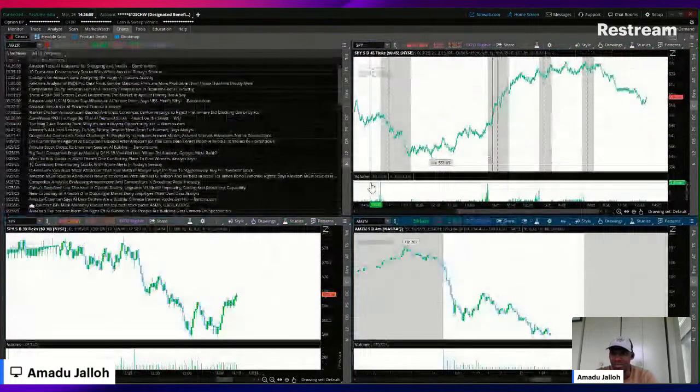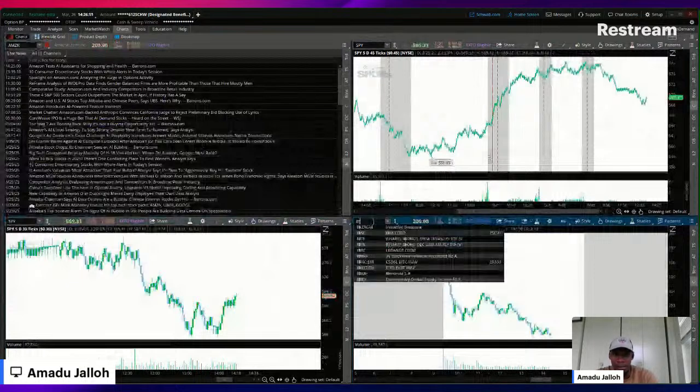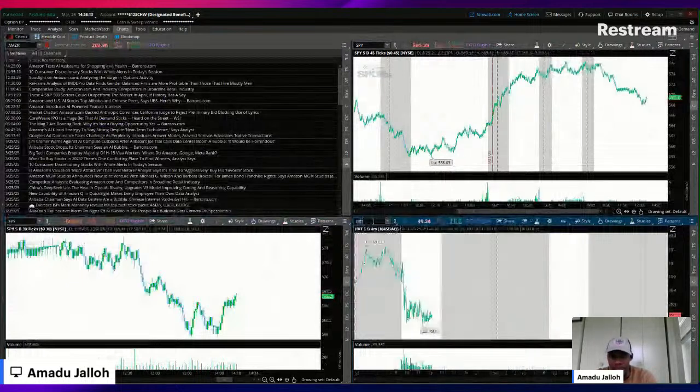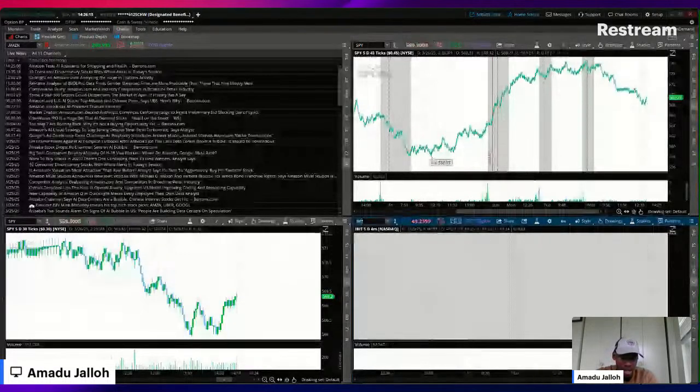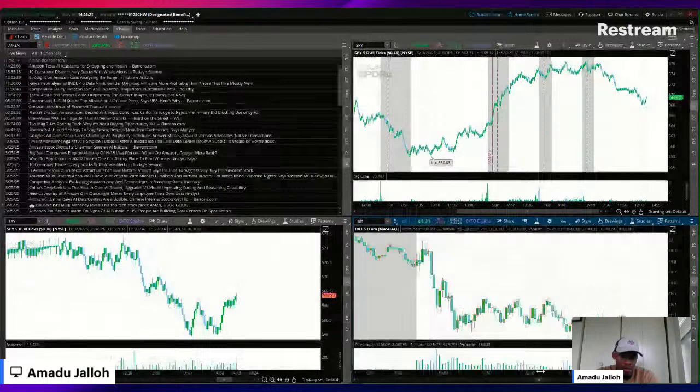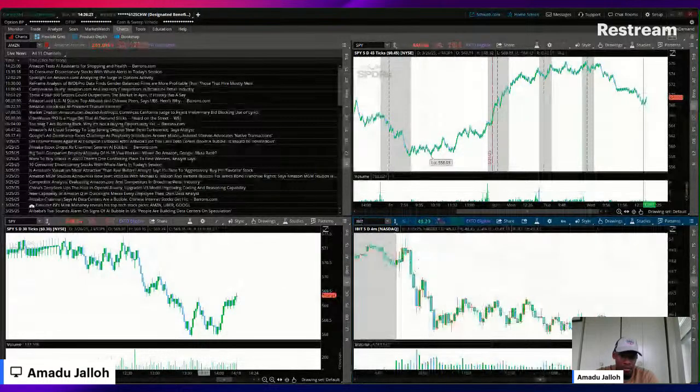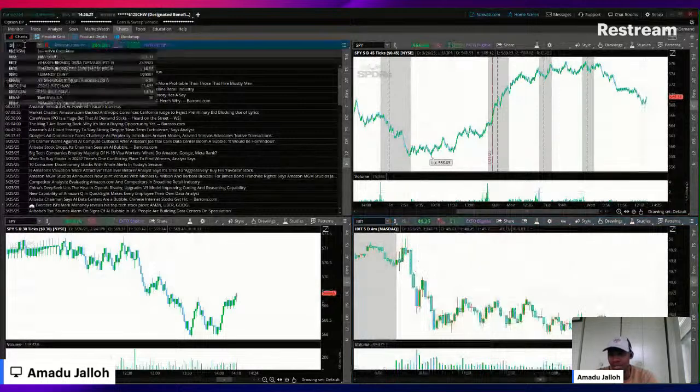Let's see IBIT here. Bitcoin, man. Bitcoin is still down. Look at that level. Nothing much about IBIT. Let's look at any news about Bitcoin.